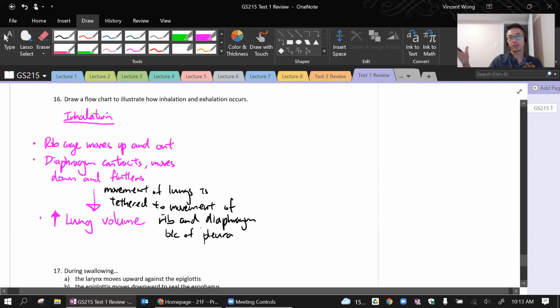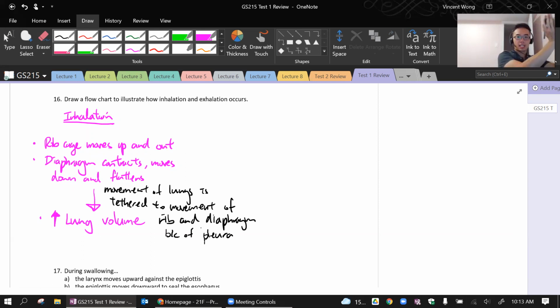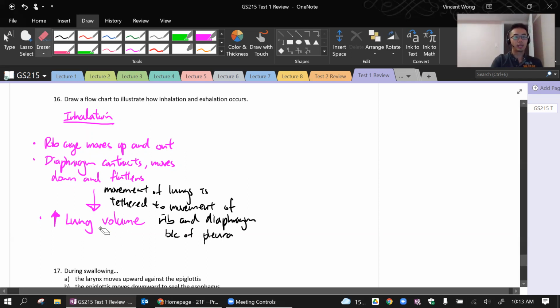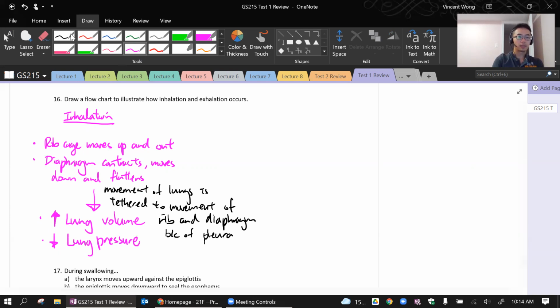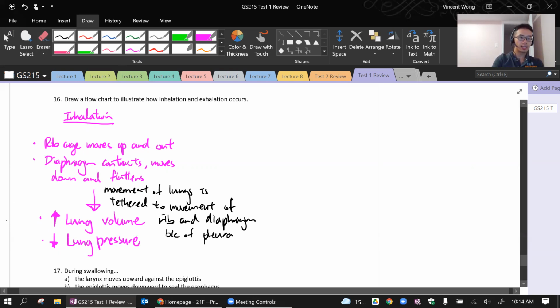Okay, so the visceral pleura and the parietal pleura, they're stuck together because of the pleural fluid. So when one moves, it sucks the lungs with it. So it will increase the lung volume, which would then decrease lung pressure. Right? You should know by now, this is Boyle's law.